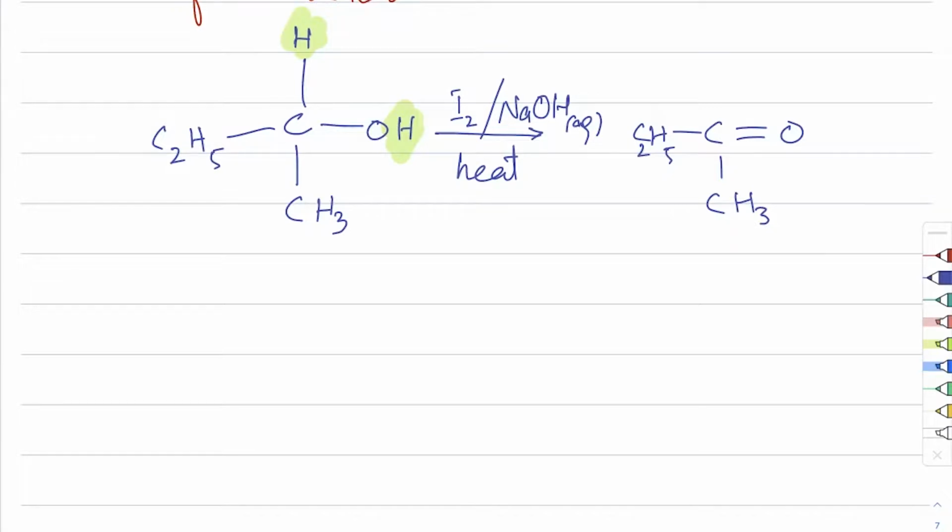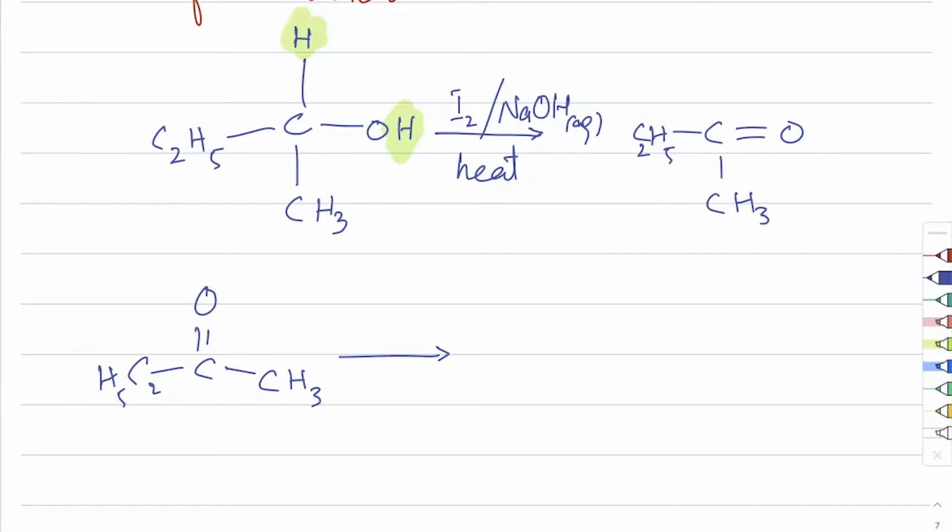Okay, but this reaction is not complete yet. The reaction keeps on going. So first step, it oxidizes. Second step, this oxidized thing, let me rewrite this. This thing changes by substitution.